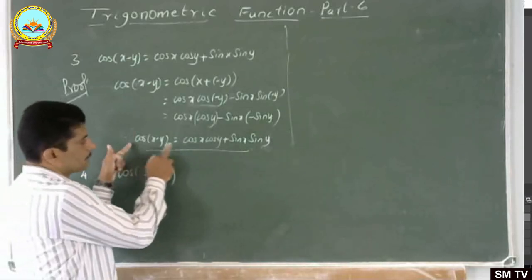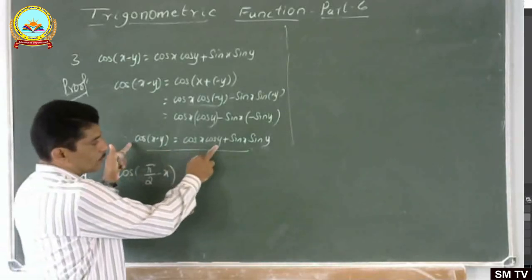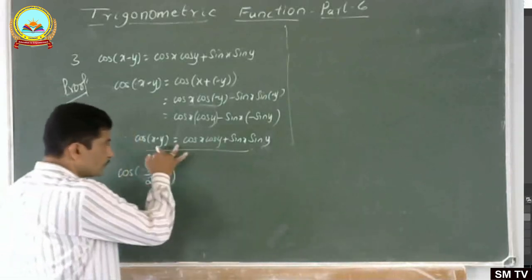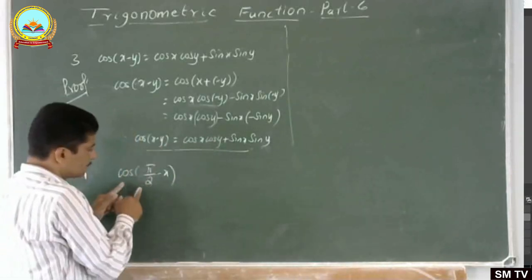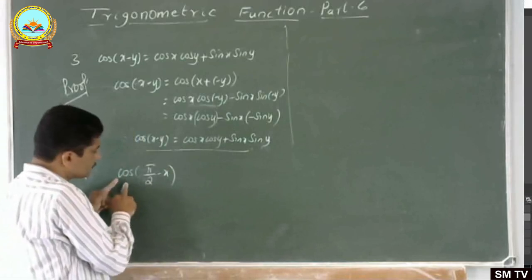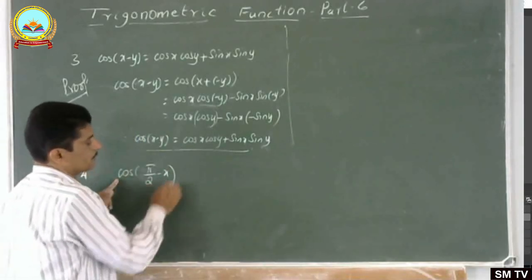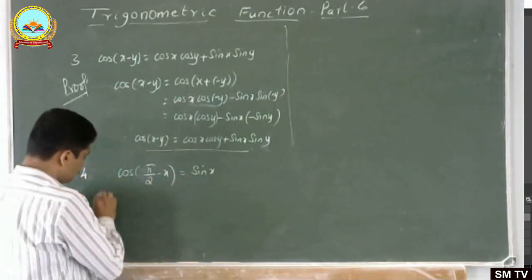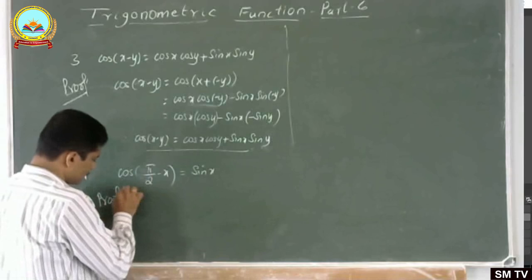Cos of x minus y means cos x into cos y plus sin x into sin y. With the help of this result, cos of pi by 2 minus x is always equal to sin x. Remember, the proof is very simple using the previous result.